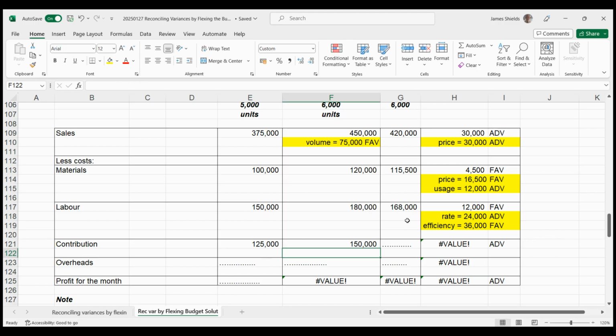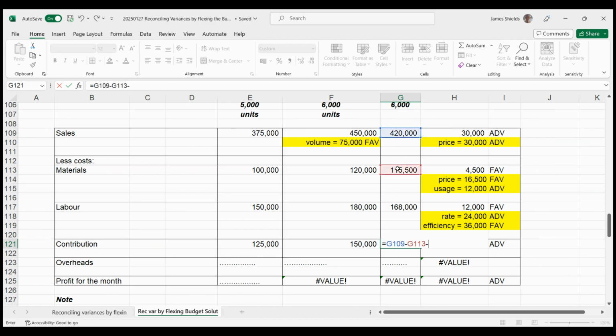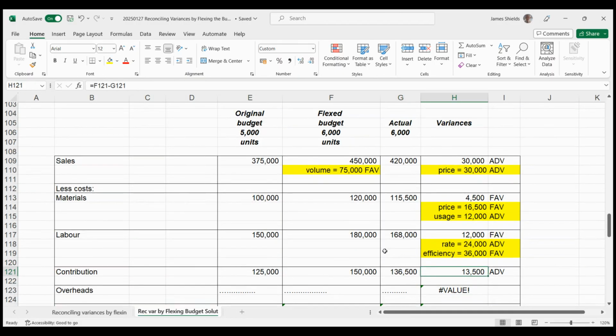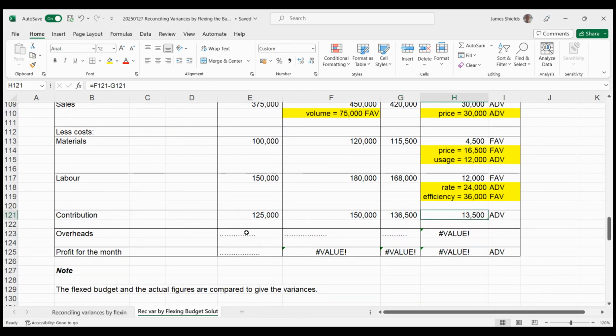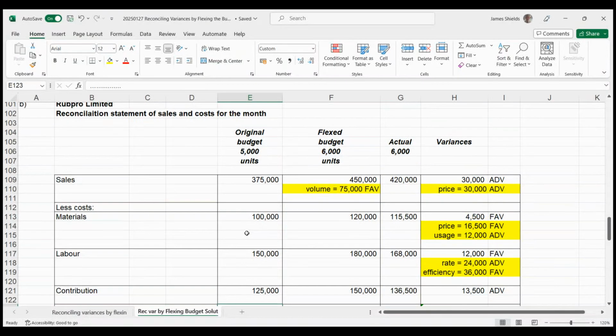That's £150,000. And for the actual 6,000 units, it's the £420,000, take away the 115,500, take away the 168,000, which gives us 136,500. So the variance there is 150,000 take away 136,500, which gives us 13,500. Now the overheads, we're going to check that in the question.